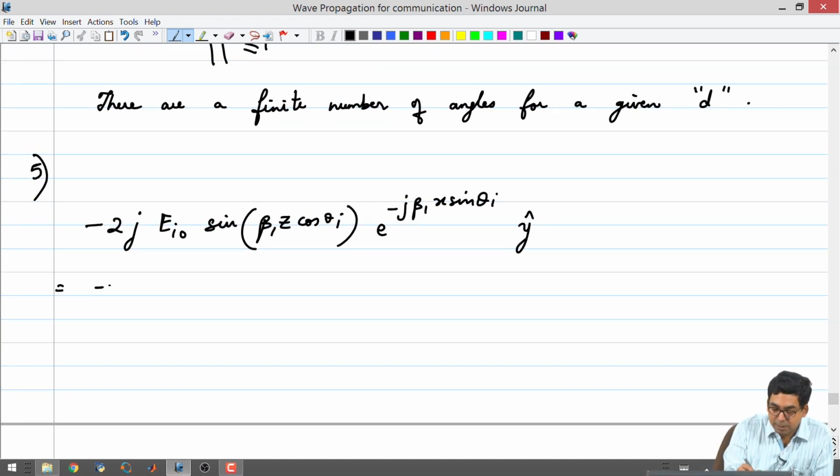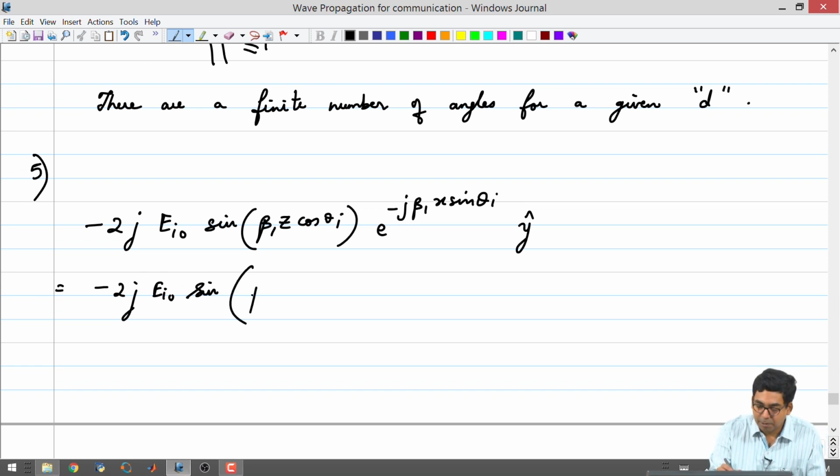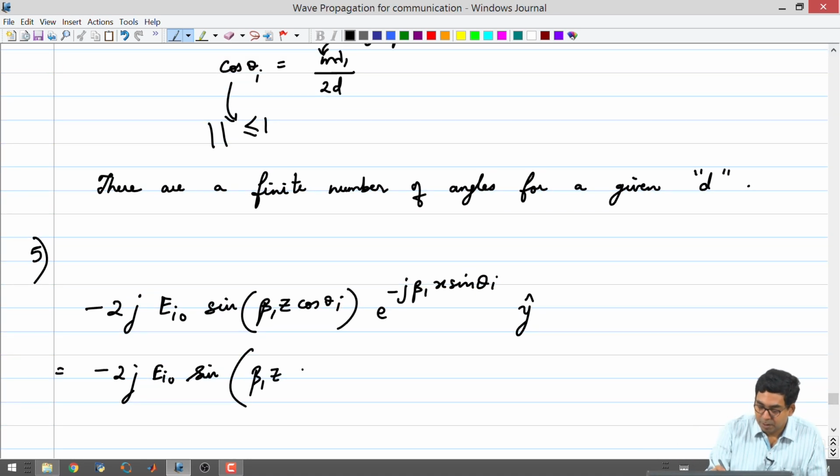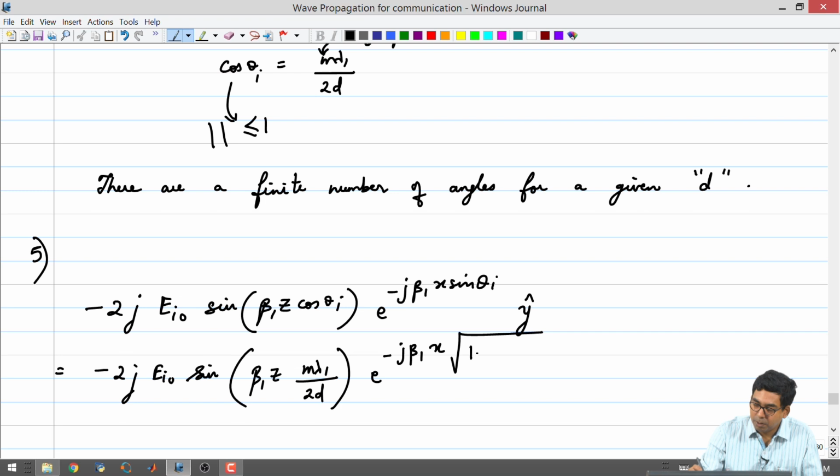So, I can just say that this is minus 2j E I naught sin of beta 1 z m lambda 1 by 2d times e to the minus j beta 1 x square root of 1 minus m lambda 1 by 2d whole squared.